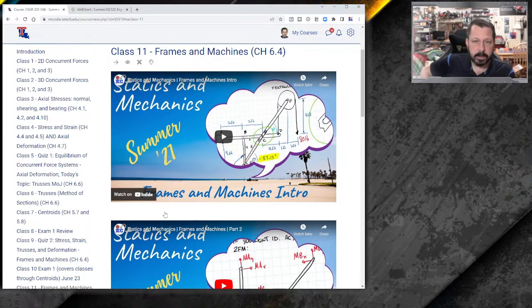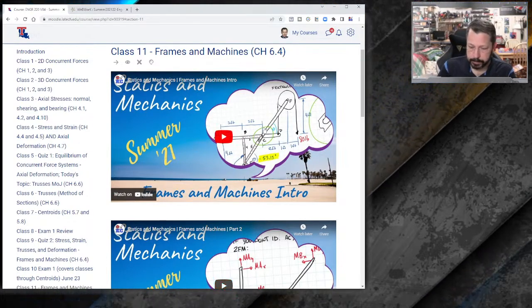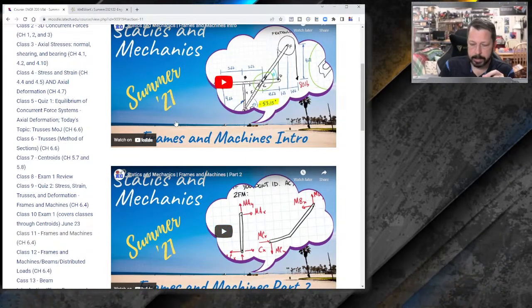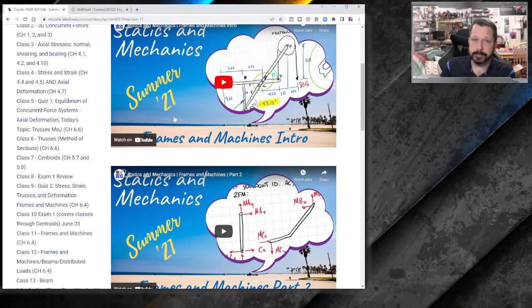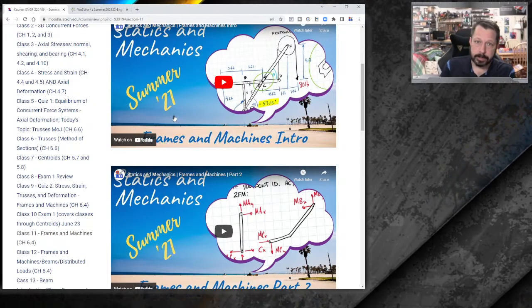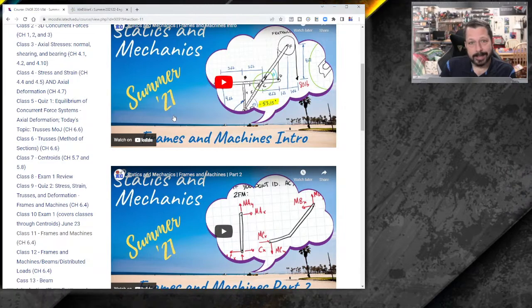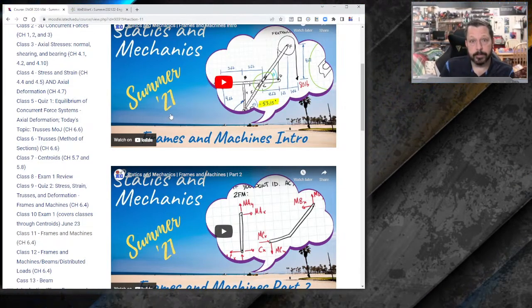So they look like trusses sometimes. You can kind of see a picture of, there's a piece of one there. There's little pieces of one there. It's important to be able to tell the difference in frames and machines and trusses. Because when we did trusses, then we had this idea that every piece, every member in the truss was what was called a two-force member.